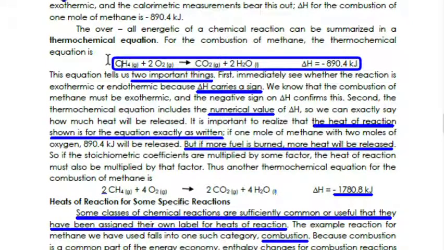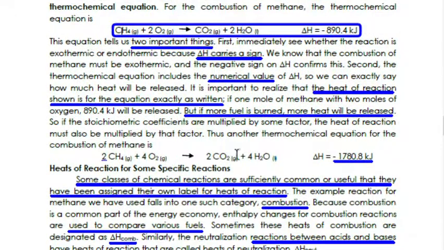If there will be more methane to be burned, therefore the heat of reaction will have a higher numerical value. For example, in the given equation below, we added 2 to the methane. Therefore, our enthalpy will be times 2.